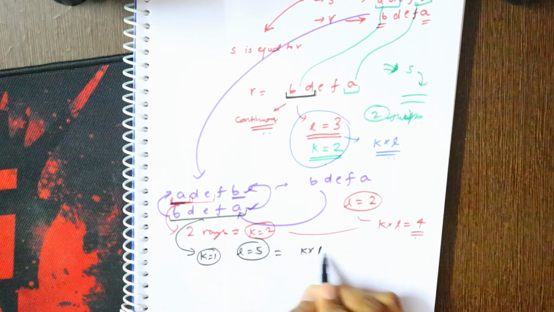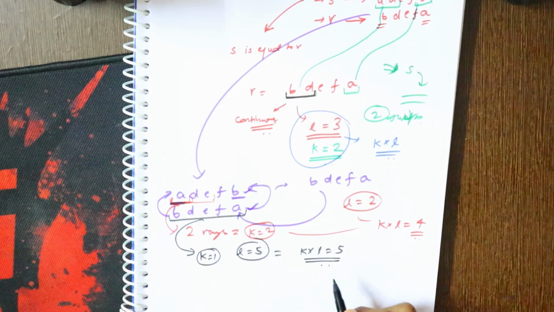So k into L is 5. We can have many k into L values, but we need to minimize this value. So let's have one example.